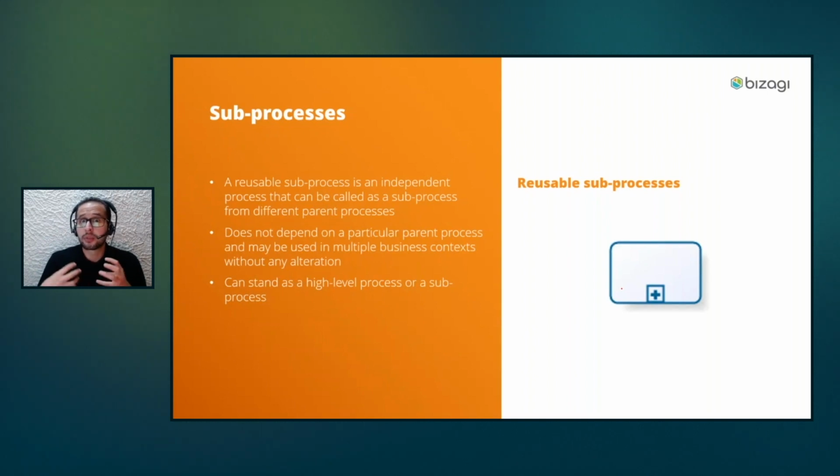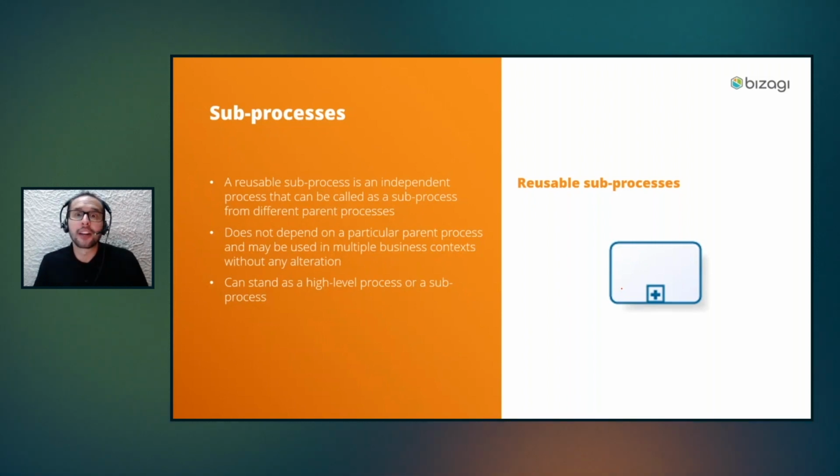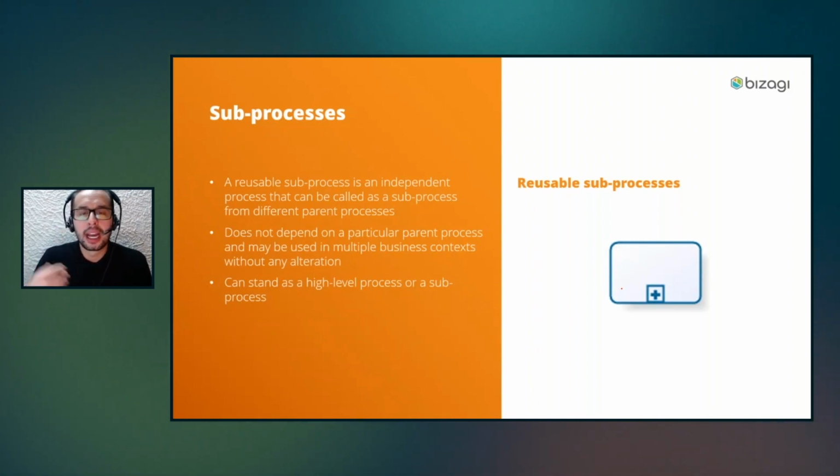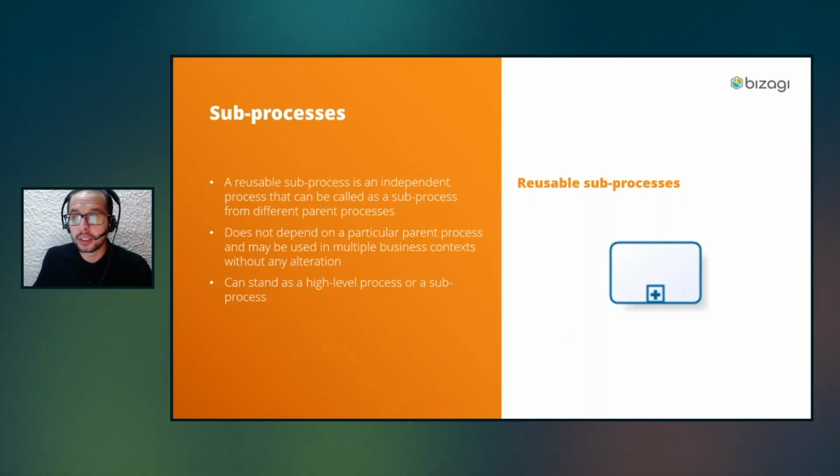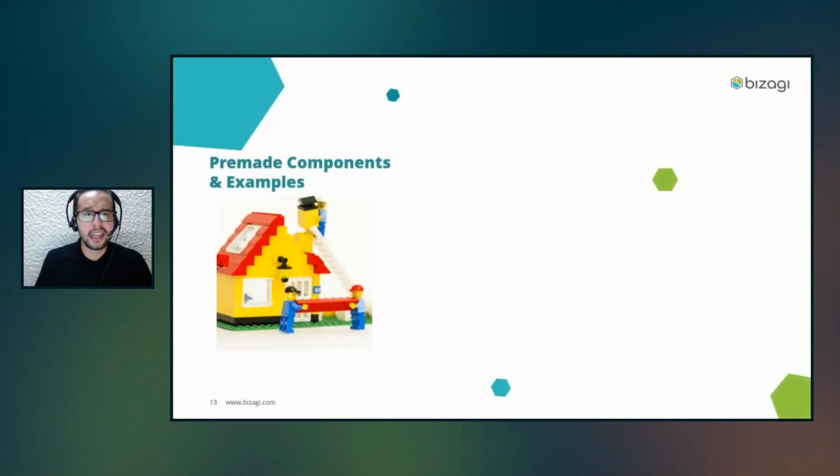If that's something that repeats a lot in different business contexts, then we can create a reusable sub-process, define it just one time, and use it as many times as we want in different business situations. So all of that is the information you are going to have here.